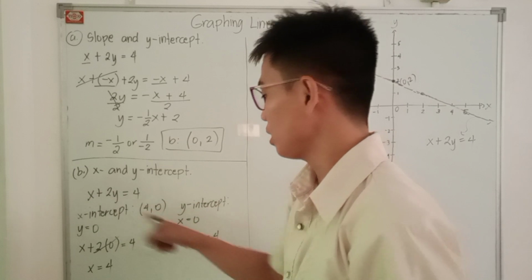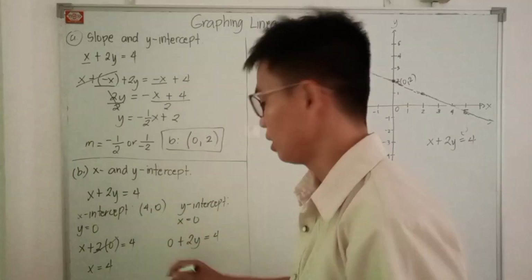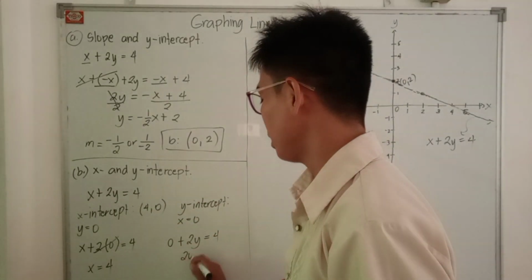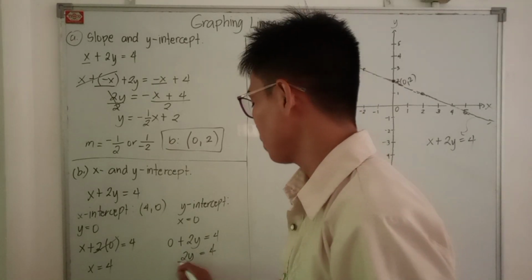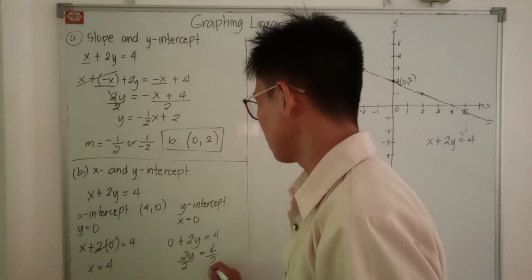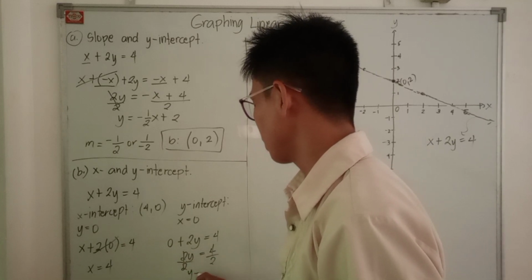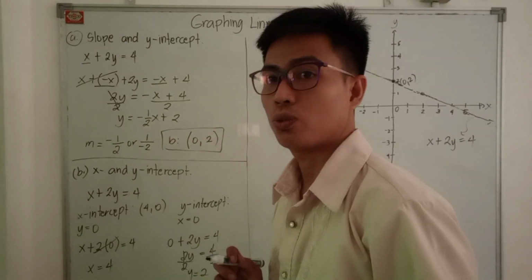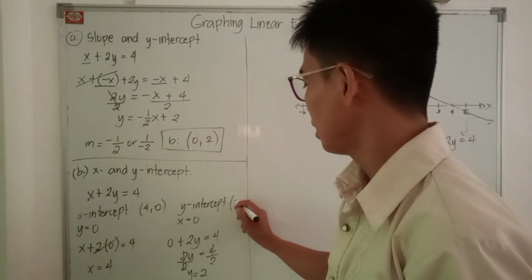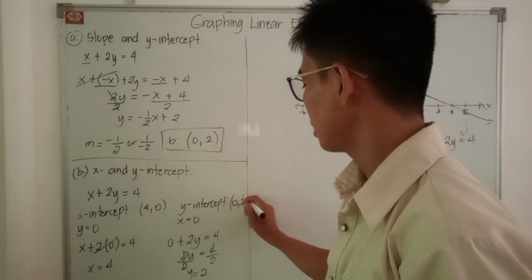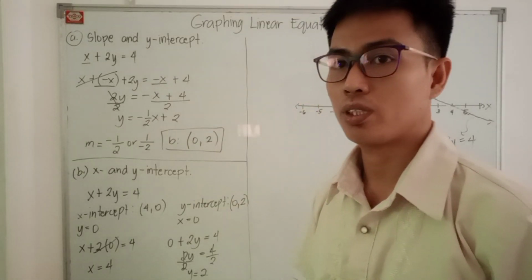Since x natin is 0, palitan lang natin siya ng 0. So, matitira is 2y equals 4. And then, dividing both sides by 2, y is equal to 2. And for our y-intercept, that is 0, 2. So, yun yung ating y-intercept.